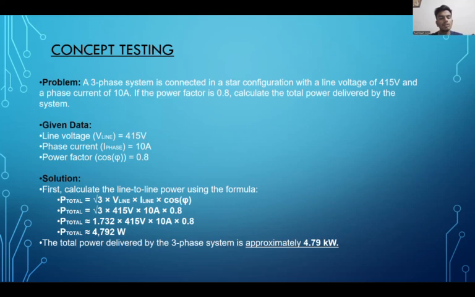So total power is equal to root 3 times 415 volts times 10 amperes times 0.8, which is 1.732 times 415 times 10 times 0.8, which is equal to 4792 watts. So the total power delivered by the three-phase system is approximately 4.79 kilowatts.